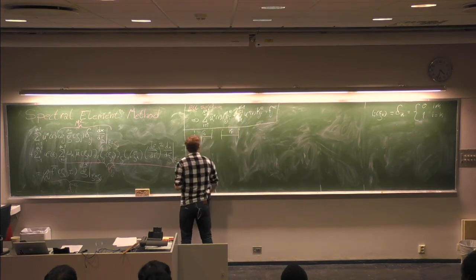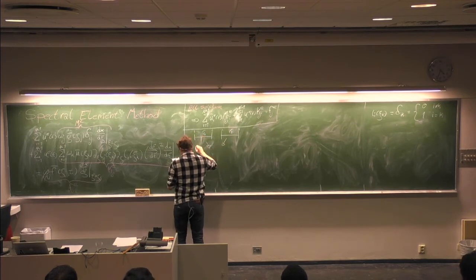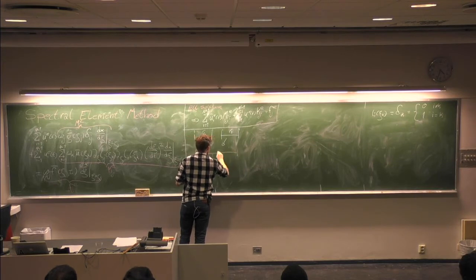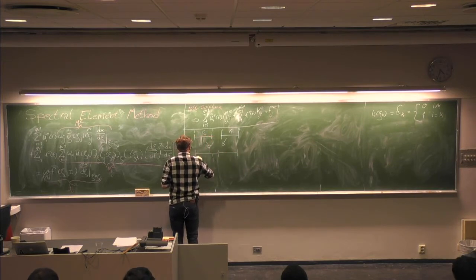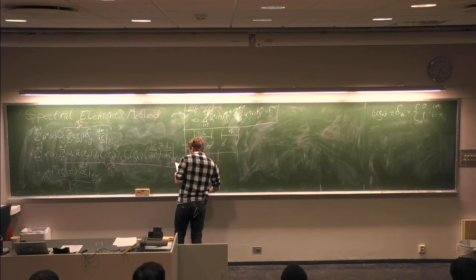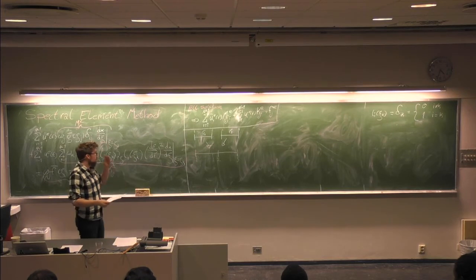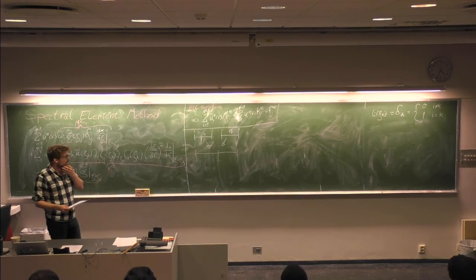But when we stitch them together, we'll only have 3 points. And if you have more points, these are the GLL points, then you would get something different.